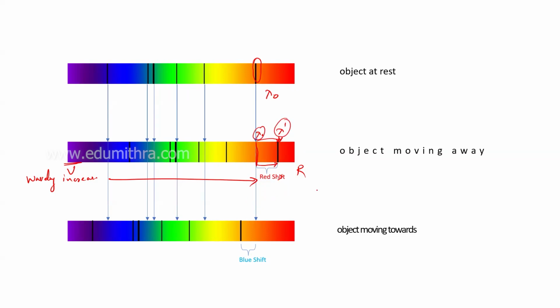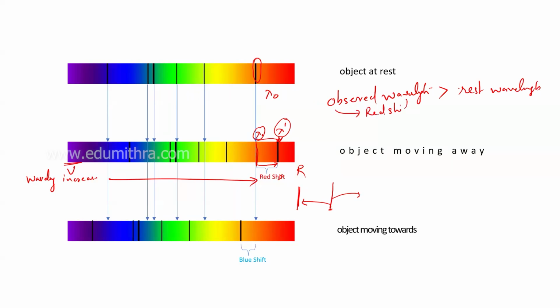Just imagine this is the reference or the rest one. If it is shifted towards the blue side, that means it has a shorter wavelength, so it is a blue shift. If it is a redshift, the wavelength will increase. So if the observed wavelength is more than the rest wavelength, it is a redshift.